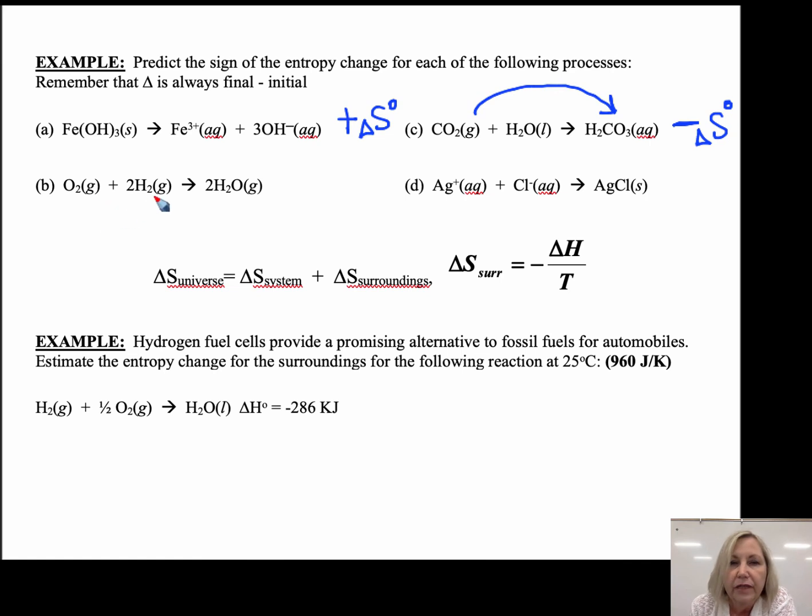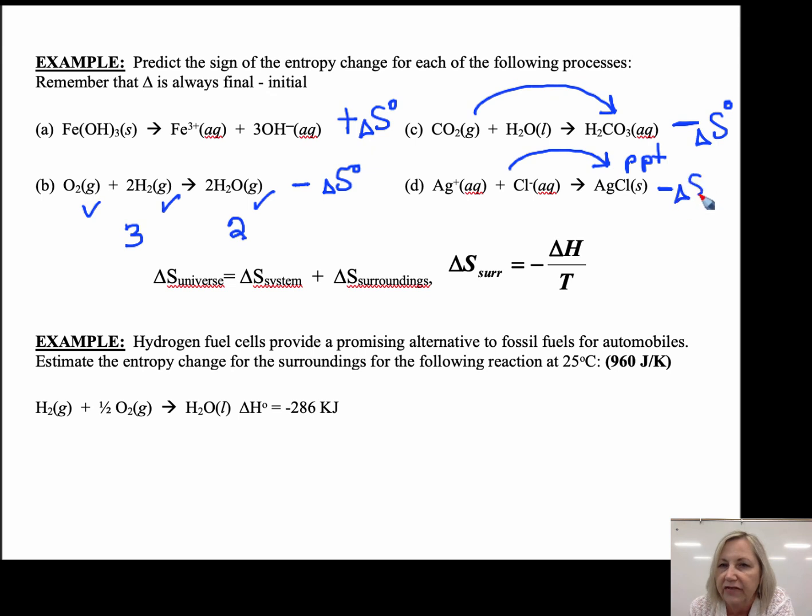I've got gas, gas, gas, so I've got all gases, but I have 3 moles going to 2 moles. That's going to be a negative delta S. Check the states first, and once they're all the same states, then you can look at moles. Here we have aqueous ions making a precipitate, a solid, on the bottom of a beaker. That's going to be a negative delta S naught.